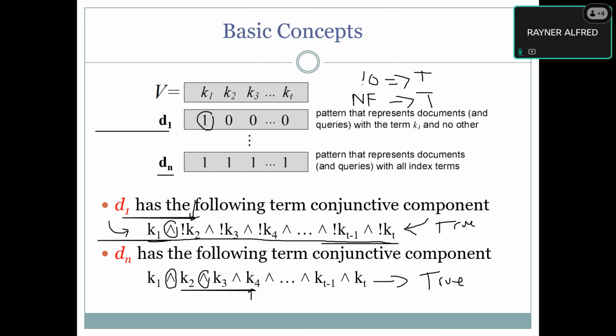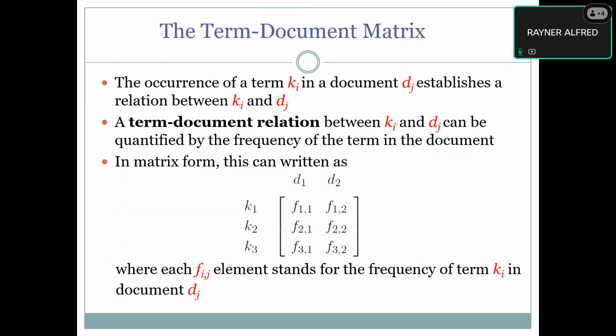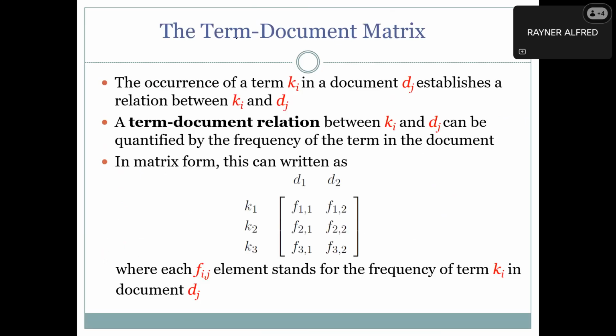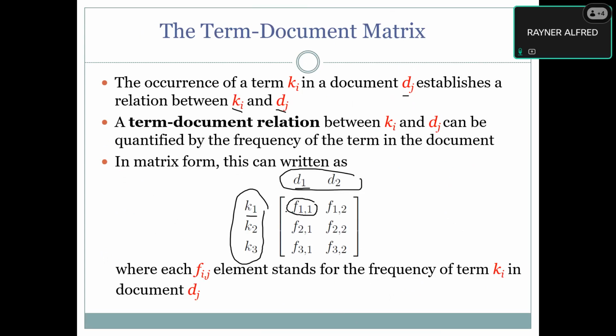So this is how we represent the document in the basic concept. We use binary to say that this keyword exists in the document. In order to represent the document, we use the term document matrix. We say that the occurrence of term ki in document dj establishes a relation between ki and dj. Here we have the keyword, we have this document, and this entry tells you the existence of the keyword in the document.